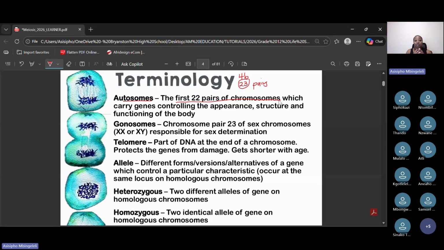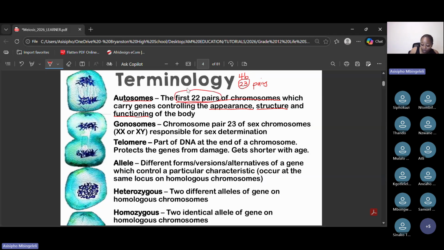And these are chromosomes which will carry genes, meaning sections of DNA, which will control how we look in terms of appearance, that will control your structure and functioning of your body. So from your blood groups to certain proteins that are formed to normal functioning of the body, all of that DNA is carried in the first 22 pairs of chromosomes.